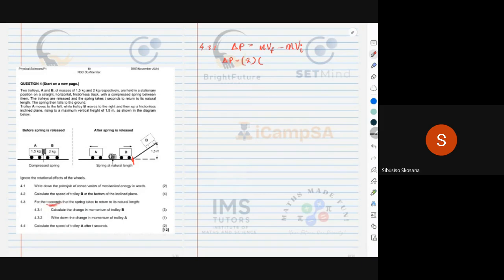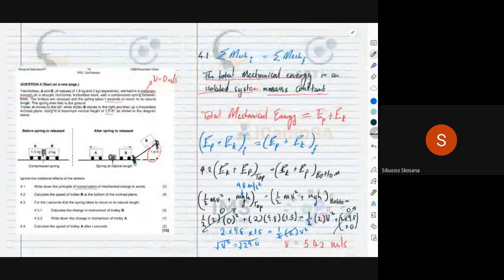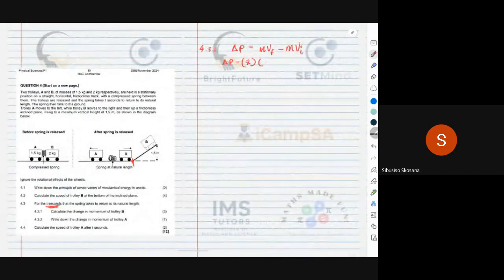Remember, this is for the t seconds, so the minute it goes up is outside the t seconds. So the final velocity is what we just found, 5.42, minus 2 times 0. Initially they were at rest, so they were not moving. Then P equals to this.